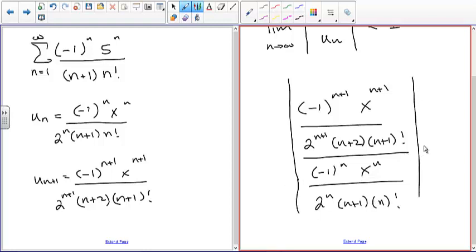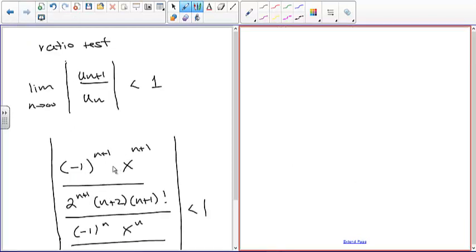And that has to be less than 1. Again, the idea is to figure out what values of x this series works for.